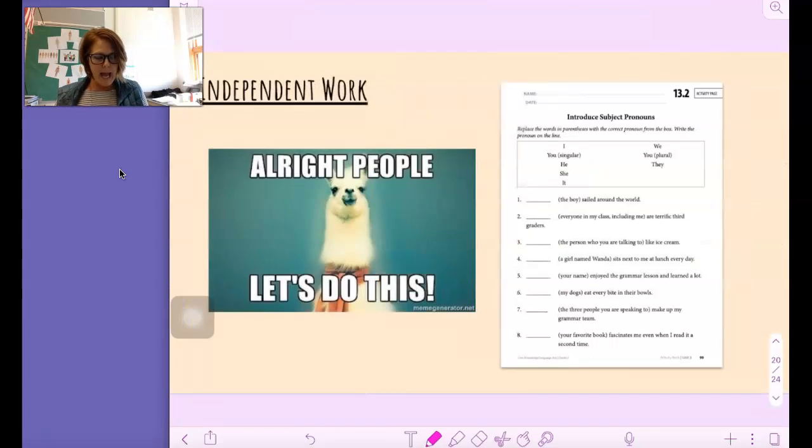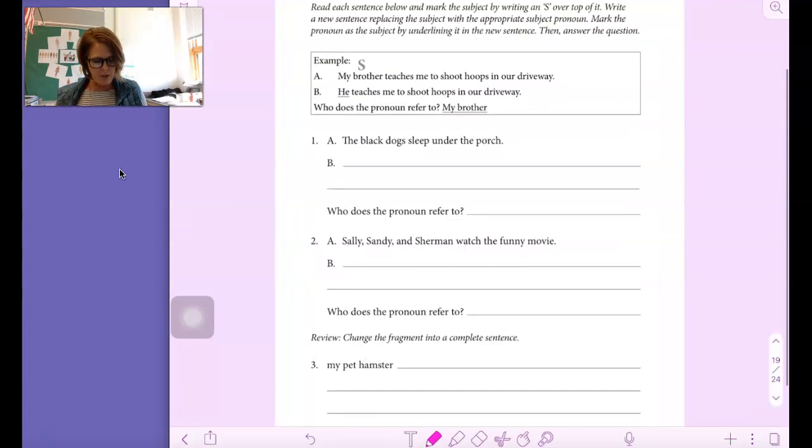Let's take a look at the back of the 13.2. It says, read each sentence below and mark the subject by writing an S over top of it. Write a new sentence replacing the subject with the appropriate subject pronoun. Mark the pronoun as the subject by underlining it in the new sentence. Then answer the question. So they gave us an example.